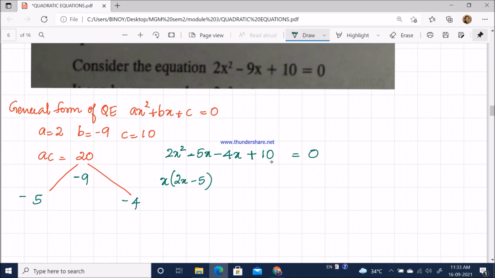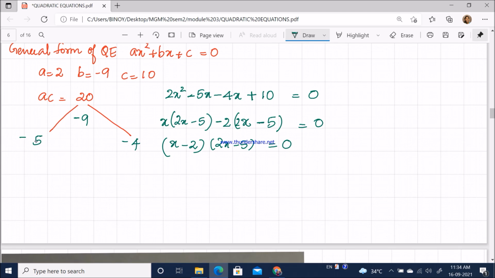So here we are taking minus 2 out, so x minus 2 into 2x minus 5 equal 0. So factors are x minus 2 and 2x minus 5 equals 0.